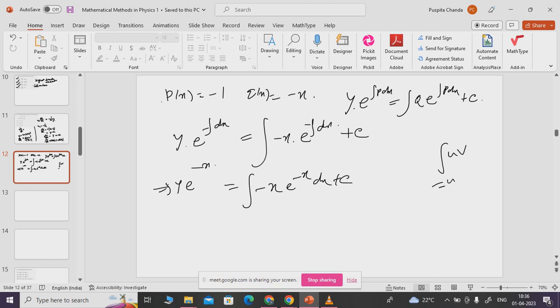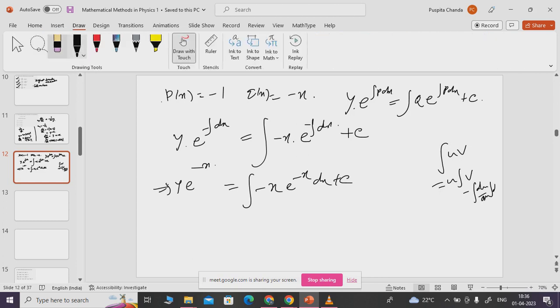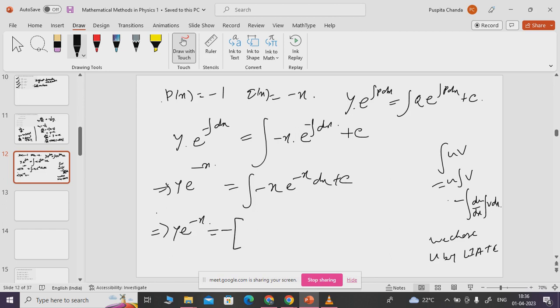I already have said that if there is a product of two functions u and v, the integral of uv is u times the integral of v minus the integral of du by dx times the integral of v dx, and we choose u by LIATE. So y e to the power minus x is minus x e to the power minus x dx plus c.